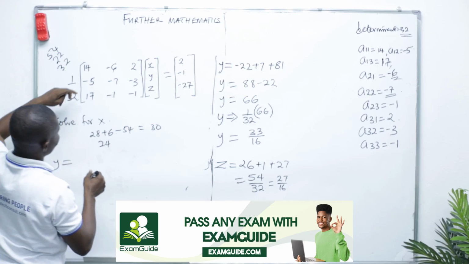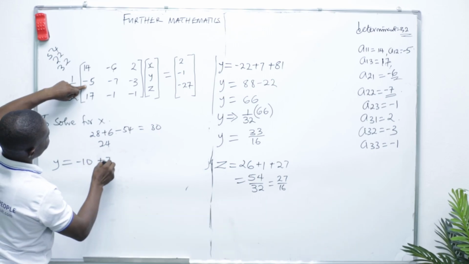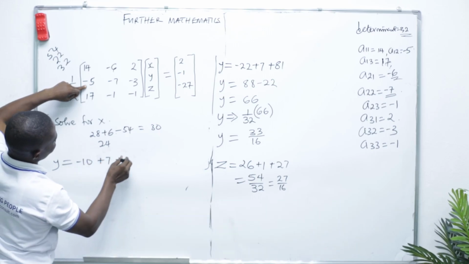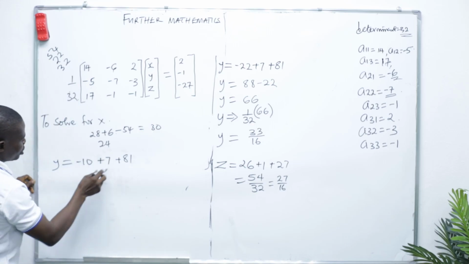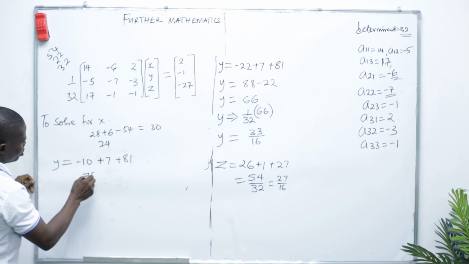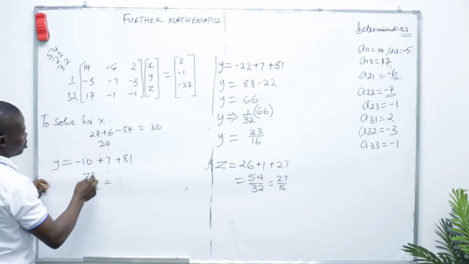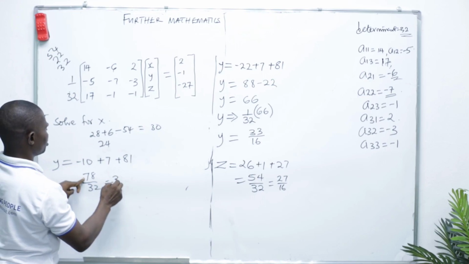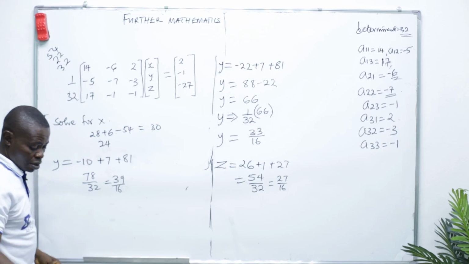Let me check y. Minus 10 plus 7 plus 81. This is 71, 78, 32. 2 here, 39, 2 here, 16.